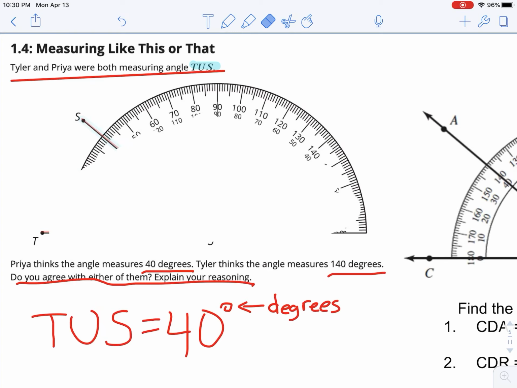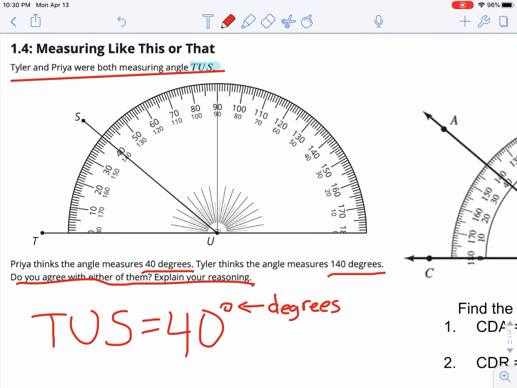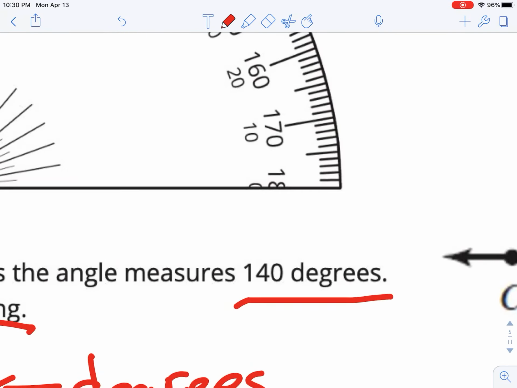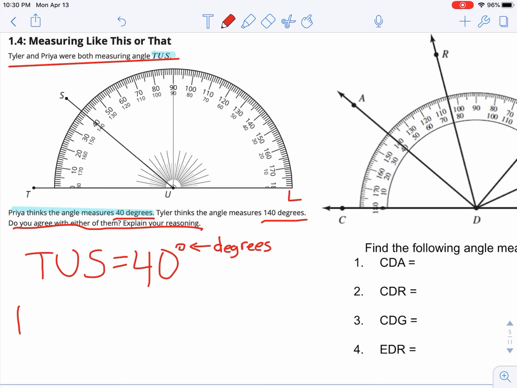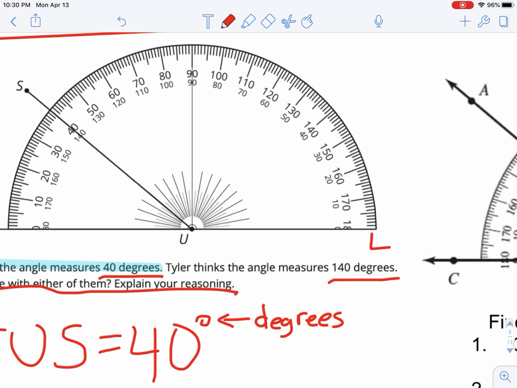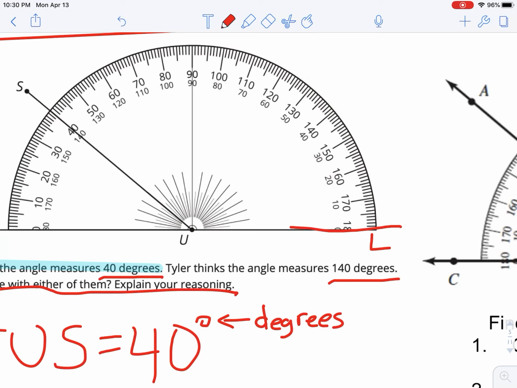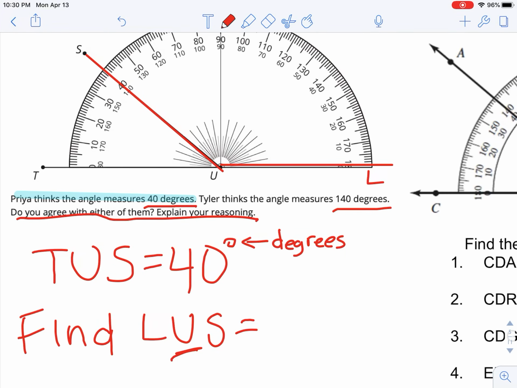So, in this problem, who is correct? Priya. She thinks the angle is 40 degrees. Let's pretend we had another letter over here, the letter L, and it says find LUS. So how can we define LUS? Again, we start at L, and then go from U to S. We're always finding the letter in the middle.